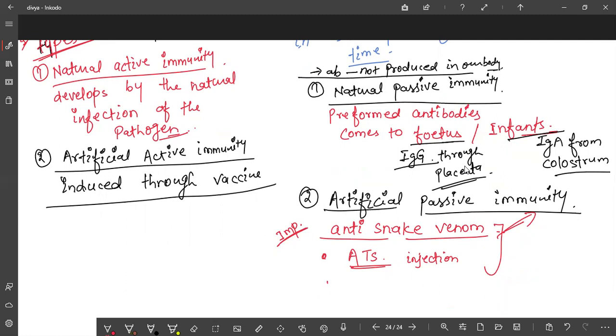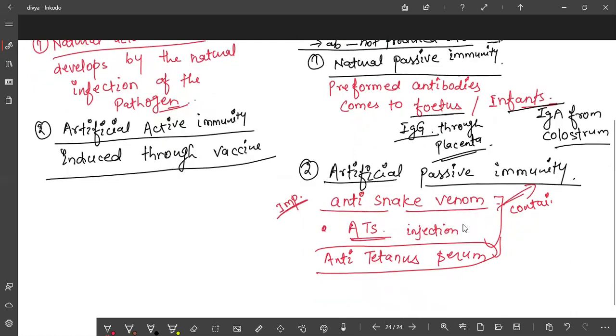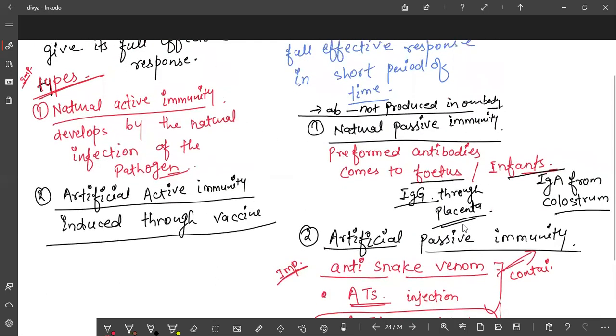ATS stands for anti-tetanus serum. This injection contains prepared antibodies.